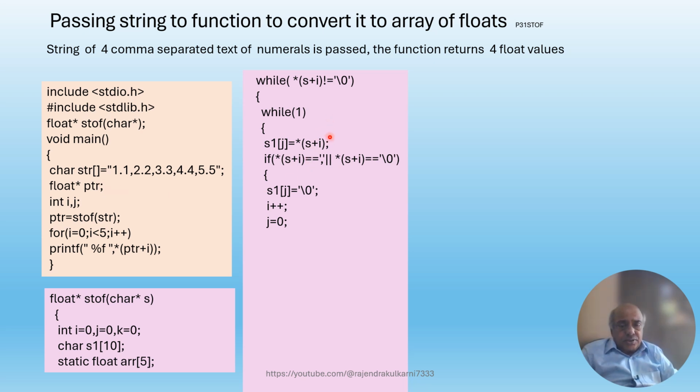In the first iteration, while s plus i points to a comma, s1 contains 1.1 as its characters, and when it reaches the comma, we terminate the while loop.